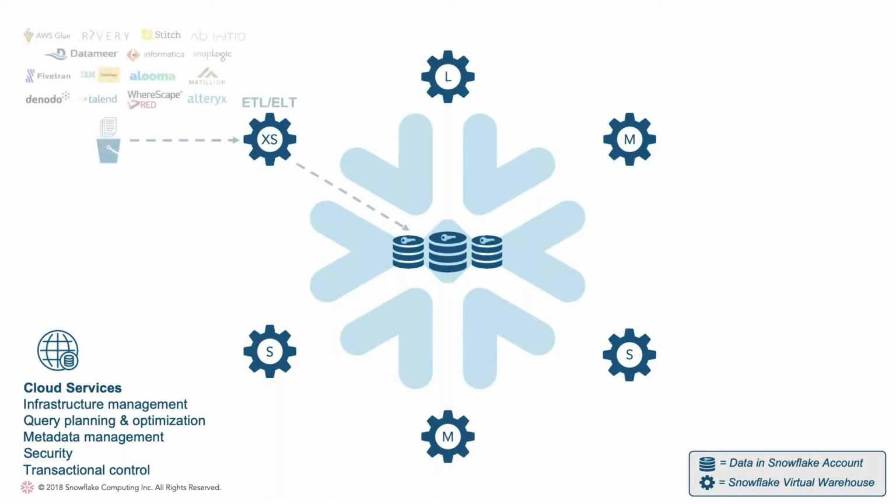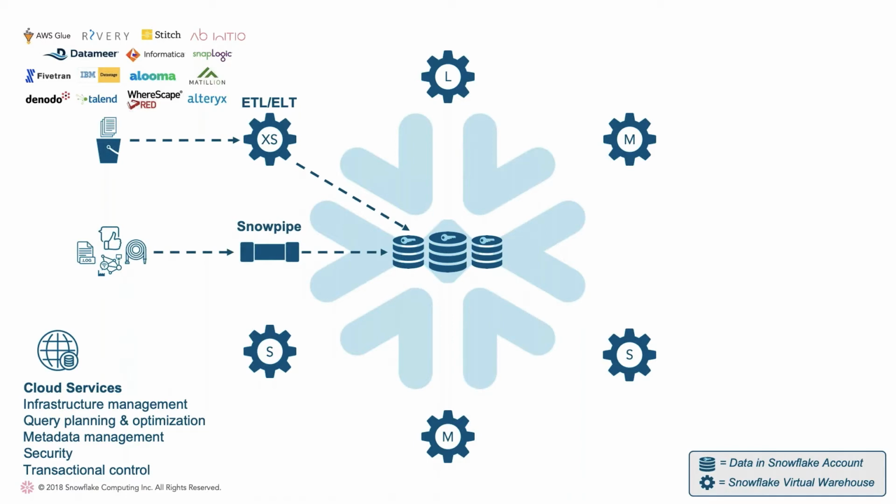These compute resources can be used for different workloads. It can be used for ELT. So these folks up here are just a partial list of the partners. They've written connectors to Snowflake using our ODBC or JDBC drivers. They orchestrate ETL or ELT into Snowflake, and they leverage these compute resources, which we call virtual warehouses.